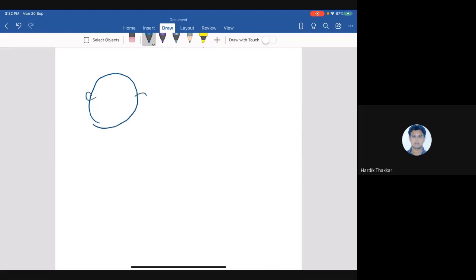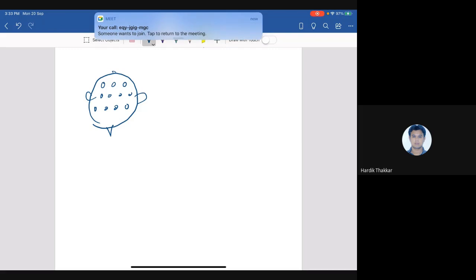And this is the ear. Let's say this is towards the nose and this is the back side. So when we put some electrodes, let's say these are my electrodes. As I told you, we place the electrodes in the 10-20 system.